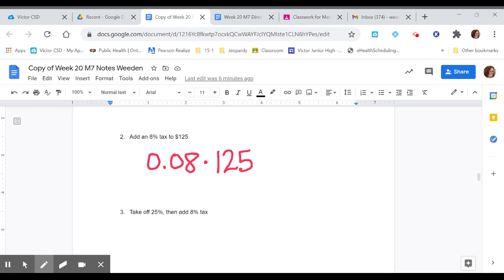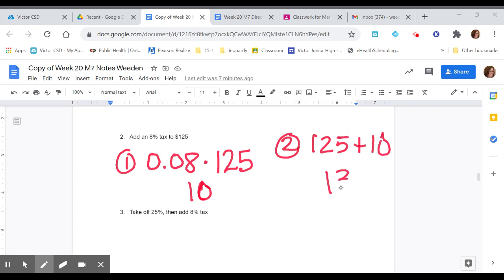That will give us the tax, which is going to be $10. And then remembering we're adding the tax on, so that would be step one. So step two would be to add on the tax, which would give us $135.